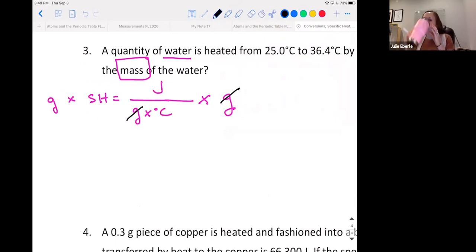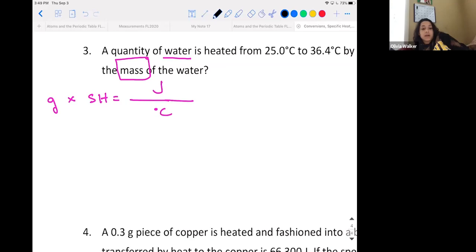If something cancels, it goes away, right? So now if we pause our equation, we have grams times specific heat equals joules divided by your change in temperature. We're almost there. What do we need to do next to get grams by itself? Divide by specific heat. Yep.